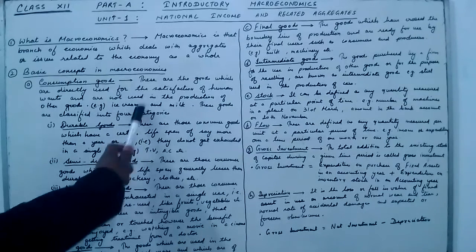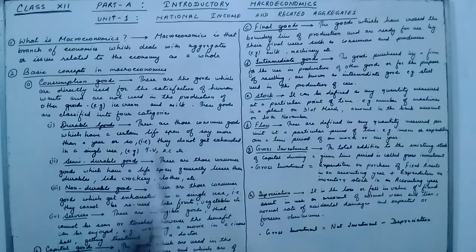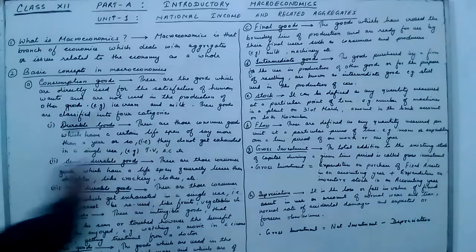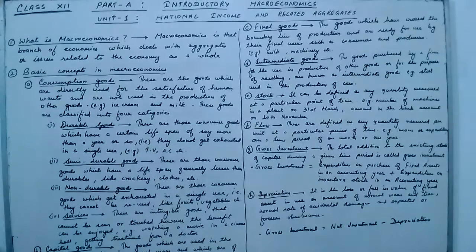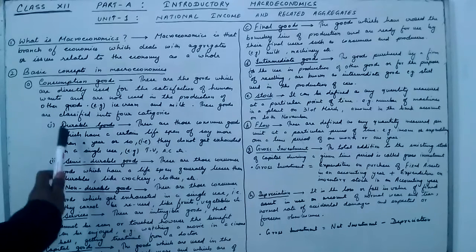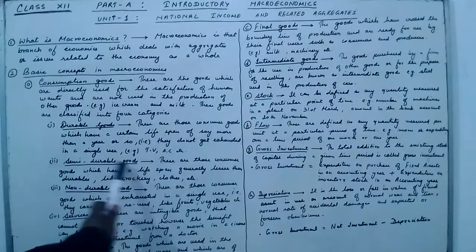Example, ice cream and milk. These goods are classified into 4 categories: durable goods, semi-durable goods, non-durable goods and services.